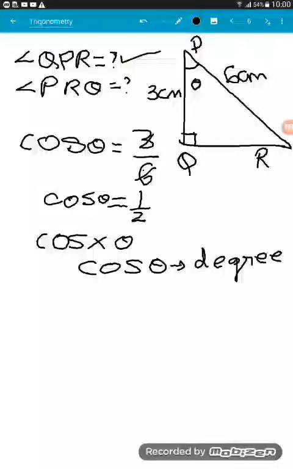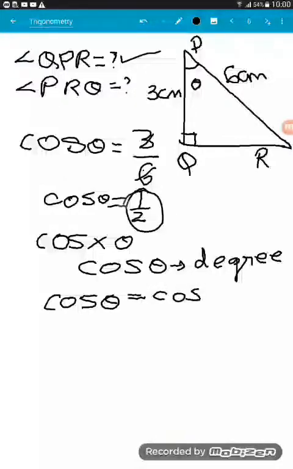Therefore cos theta is 1 by 2, and you have to find this in the table. 1 by 2 is the value of cos 60 degree.